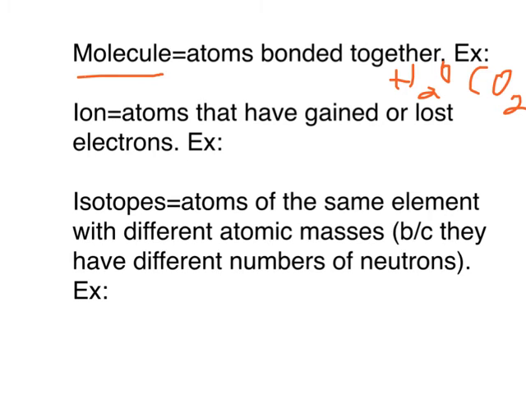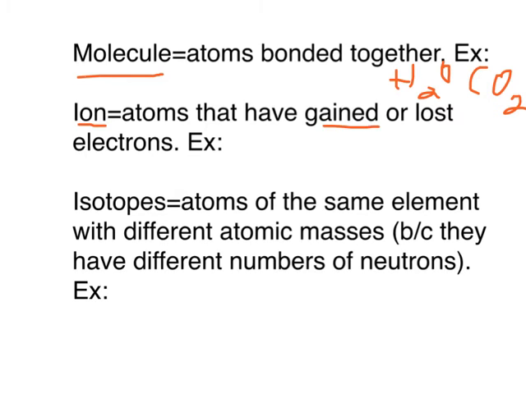You can actually make charged atoms that we call ions by removing or adding electrons to them. So remember I said in the previous slide that the protons and the electrons are equal, and because the protons are positive and the electrons are negative, they balance each other out, right? So when they're in equal numbers, for every positive in the nucleus, there's a negative in the electron cloud.